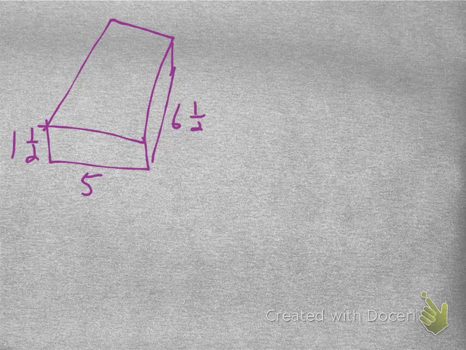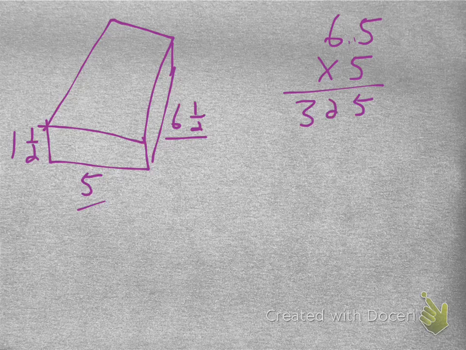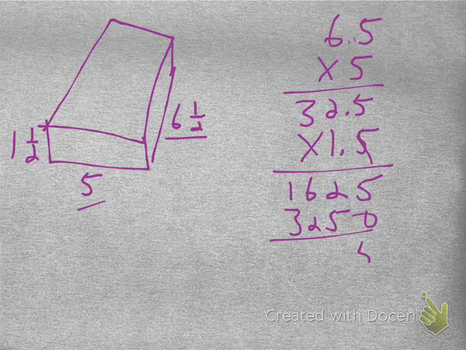We're going to take 6.5 times 5. You get 32.5 times 1.5, which is our height. You get 48.75 is the volume of that sandbox.